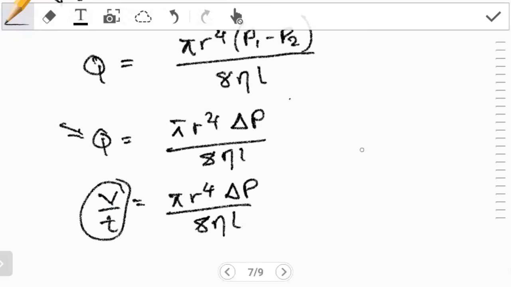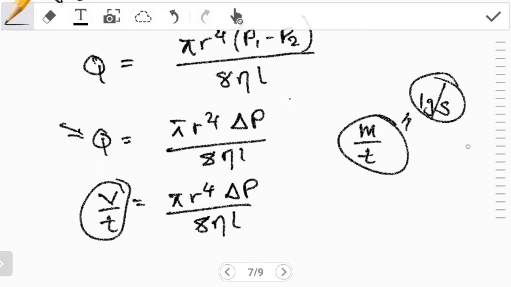The question gives us the mass flow rate. So we want to find a way of using this 1 gram per second that we've been given, but not as the mass flow rate. We want to relate it to the volume flow rate.